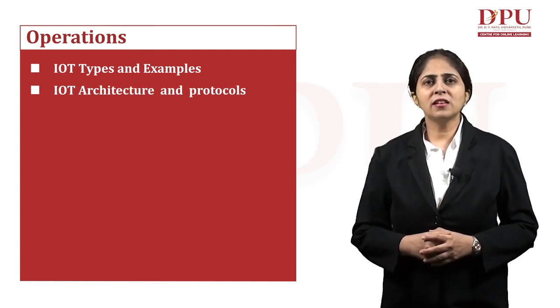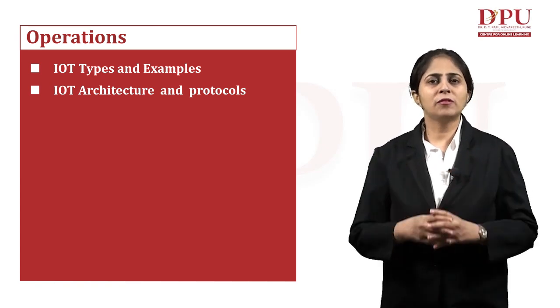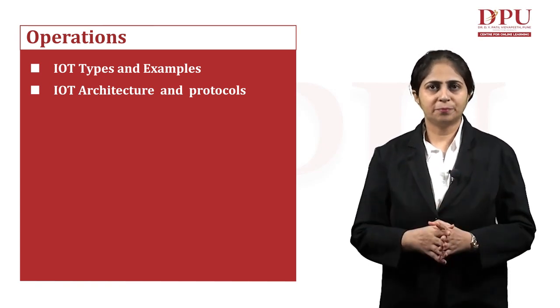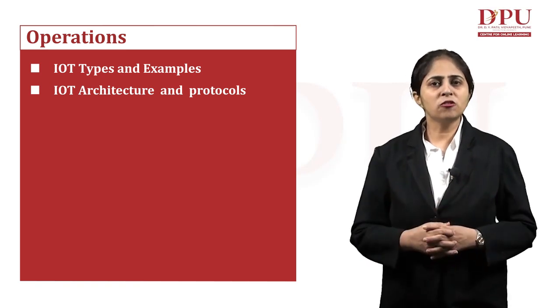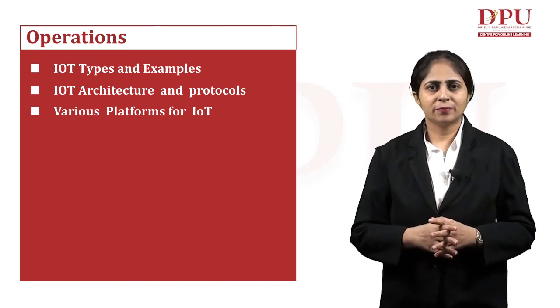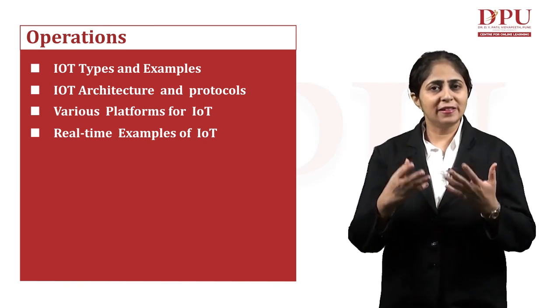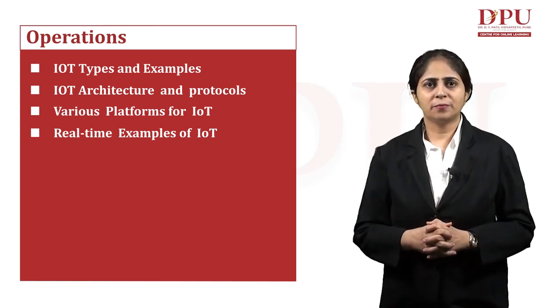Next, we will be discussing the IoT architecture and the protocols that we use for IoT. Later on, our next topic would be various platforms for IoT. After that, we will be discussing some real-time examples of IoT.